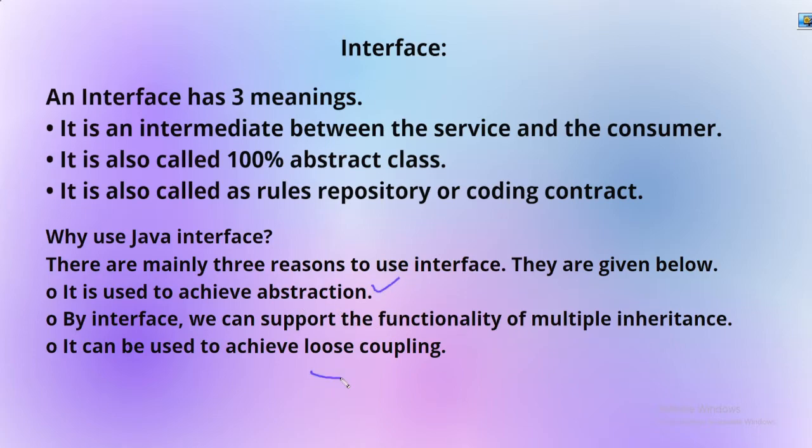Now, what do you mean by this loose coupling? Loose coupling means if you have a particular program and inside that particular program, you have multiple programs again. For example, a software comprises of multiple programs.